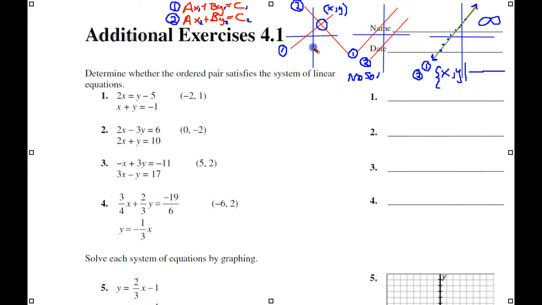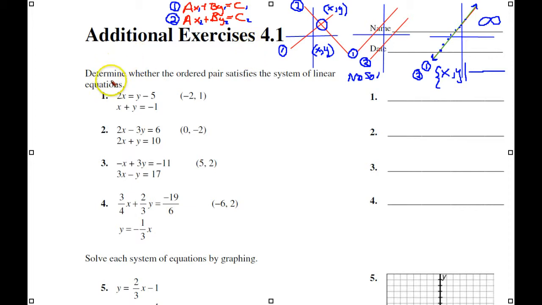So here you just have the one solution. Here you have no solutions, and here you have an infinite number of solutions. So this is the background. I'll leave that up a little bit, and that's something you should be aware of as we do all of the lessons in Chapter 4.